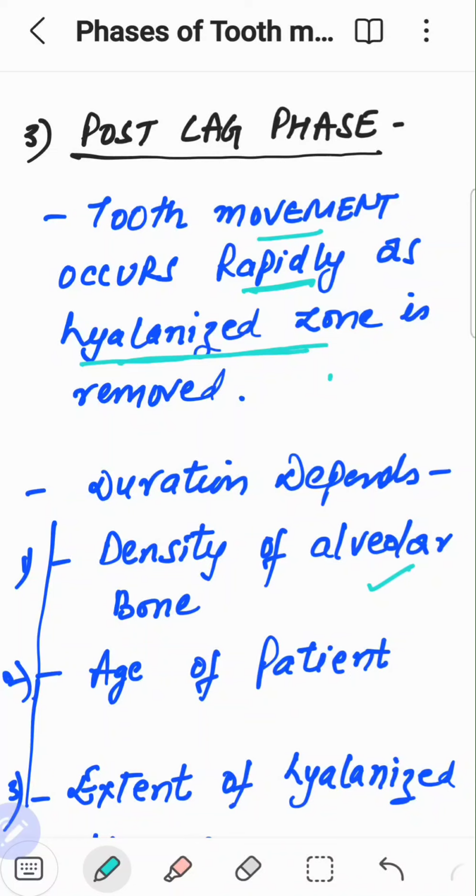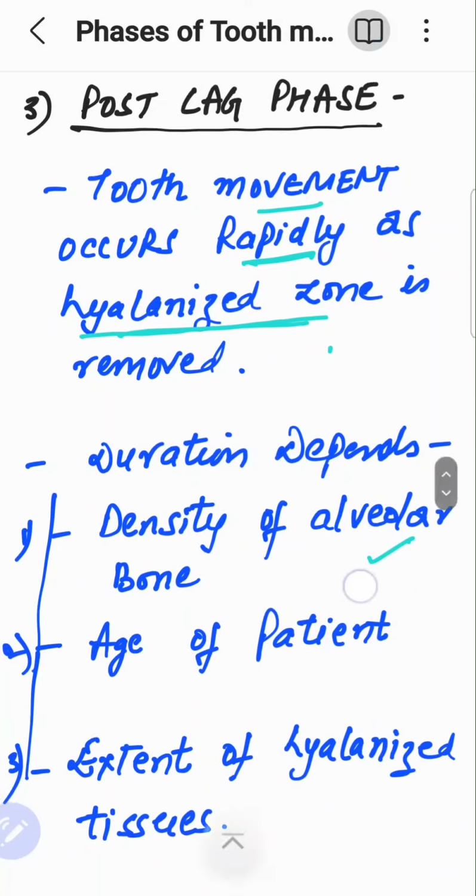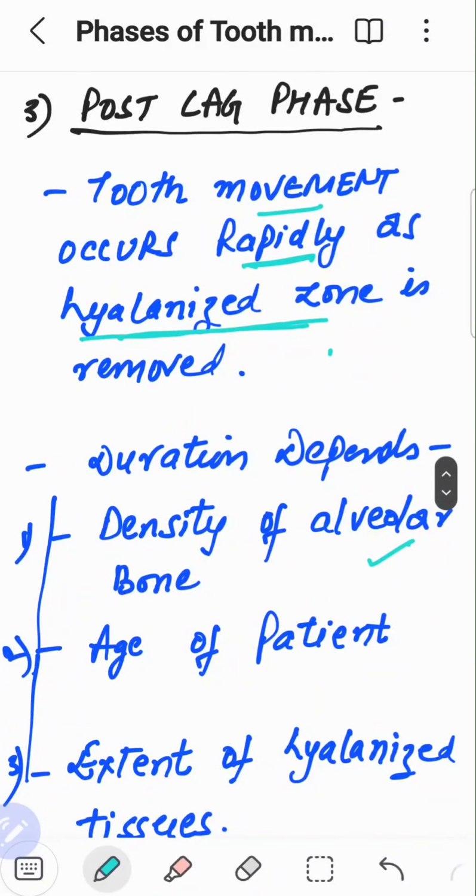As we know, younger patients have a higher potential to fight any kind of immune response, so age of the patient plays its role. And lastly, the extent of the hyalinized tissue. The more force has been applied to the tooth structure, the more hyalinized area there will be, and the more time it shall take to recover back to the normal position. So these are the various factors on which the post-lag phase depends.